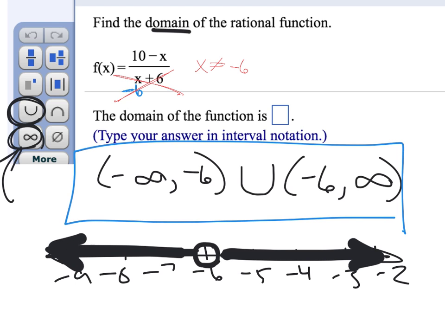Everything down here, everything up here, except you're not allowed to be -6.